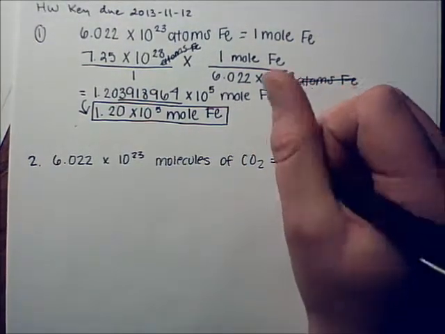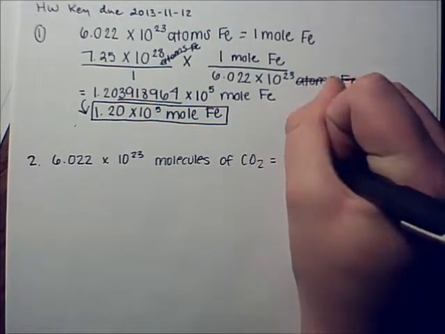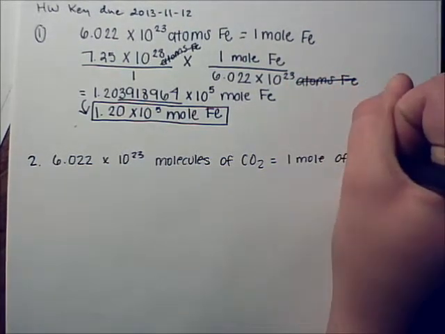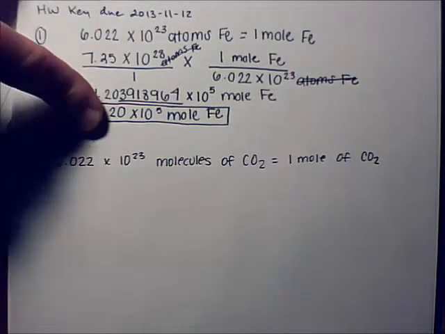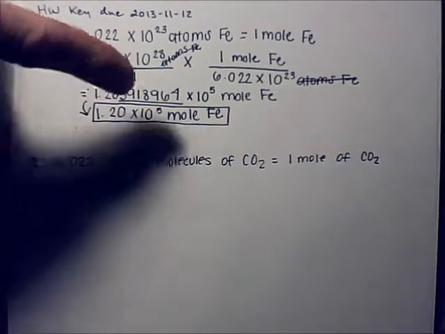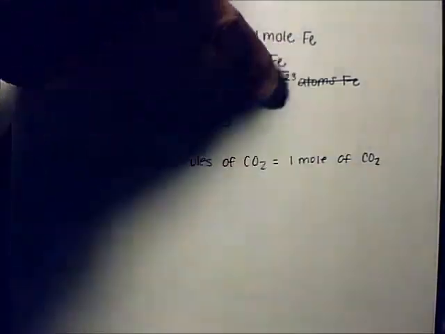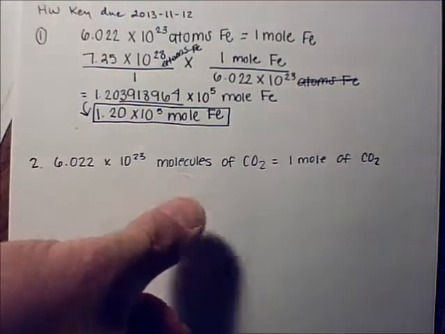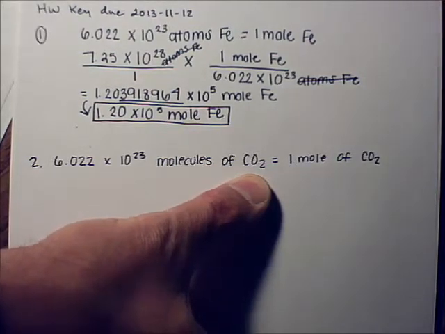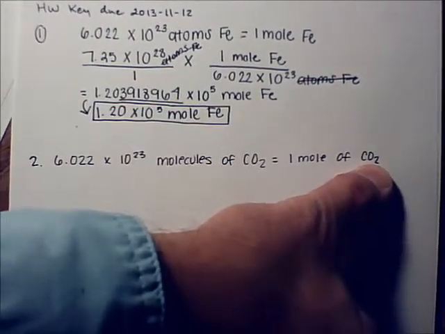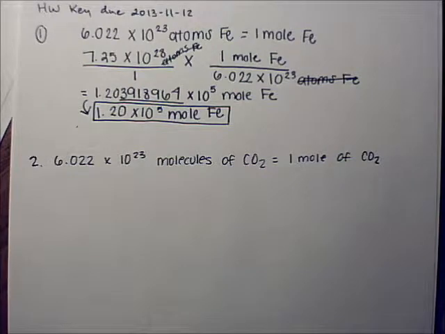So 6.022 times 10 to the 23rd of anything, any molecules, thing, CO2 is equal to 1 mole of that thing. Okay? Got it? All right.